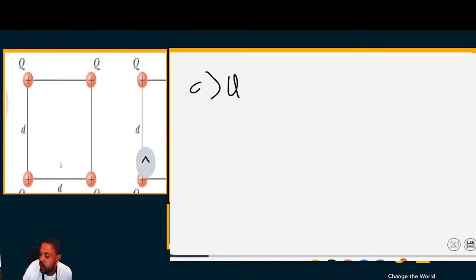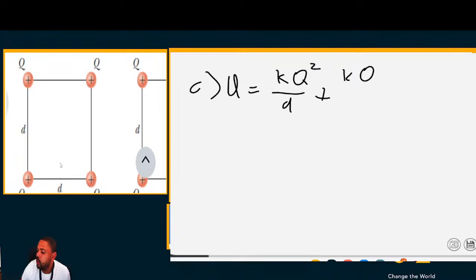The electric potential energy is equal to kq squared over d plus kq squared over d square root 2 and then plus kq squared over d.